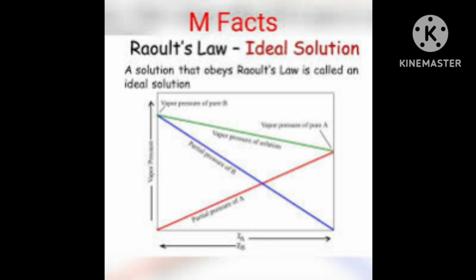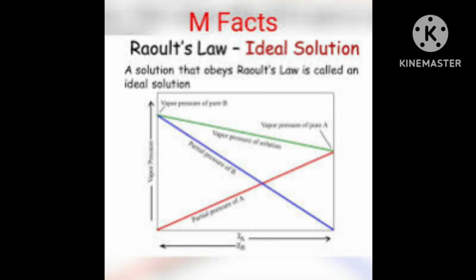And the first triangle, when x1 is equal to 1, that time you form a triangle. If you join this point with P1 0, slowly the mole fraction goes from x1 equal to 1 to x1 equal to 0. That point and the P1 0 point, when you join them, that will be called P1.